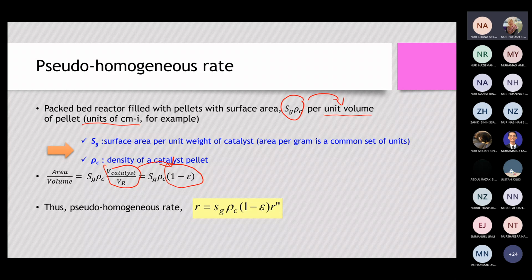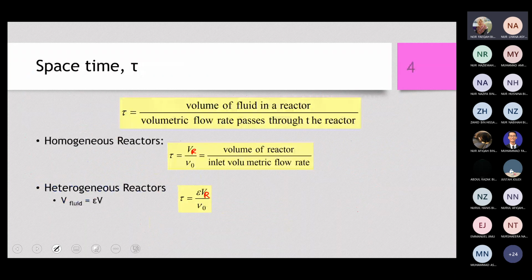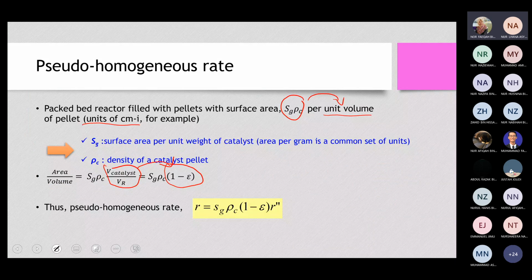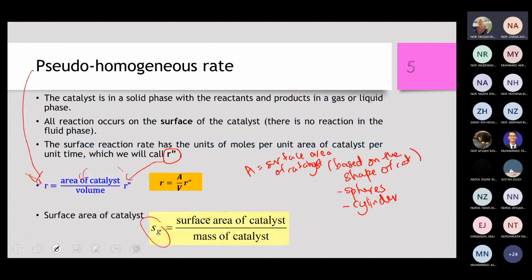Okay. So actually this equation we derive by relating it with the previous one, for heterogeneous catalyst. But usually we rarely use this equation, the pseudo homogeneous rate equation. Usually we just use this equation: A over V multiplied with the catalytic reaction rate, and it will become the pseudo homogeneous rate.